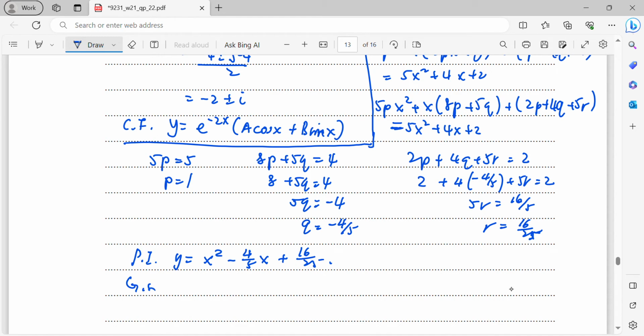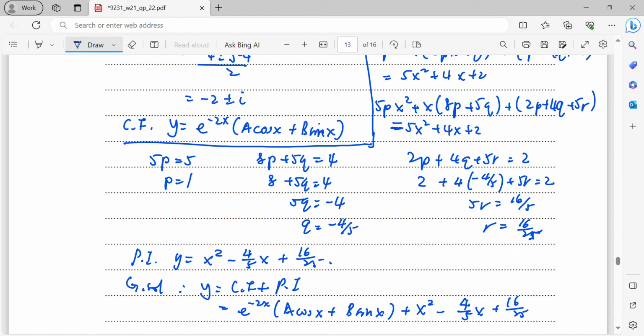So the general solution, y is CF plus PI. So therefore, you will get e to the negative 2x (A cos x plus B sin x), then plus x squared minus 4 over 5 x plus 16 over 25.